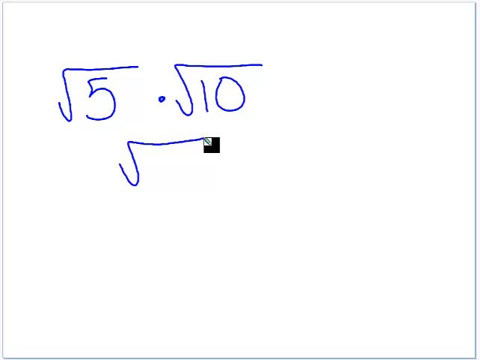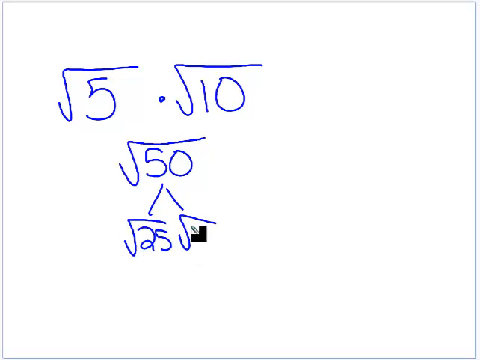We take 5 times 10, which gives us 50. So we look at the square root of 50. We want to simplify it now. The perfect square that can go in there, which we just did on the last slide, 25 and 2. So the square root of 25 is 5 root 2.